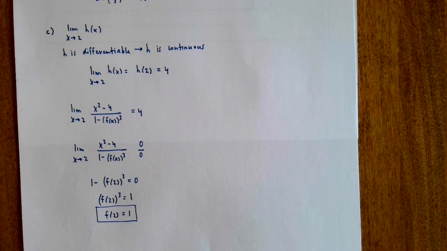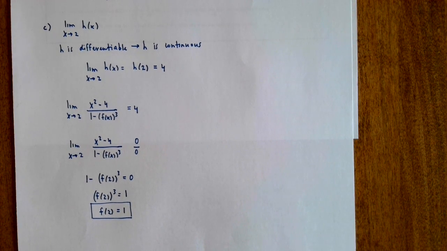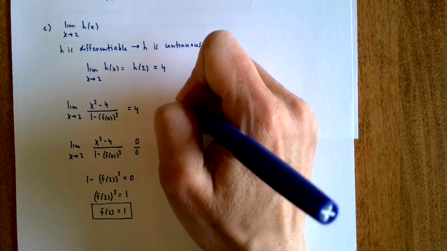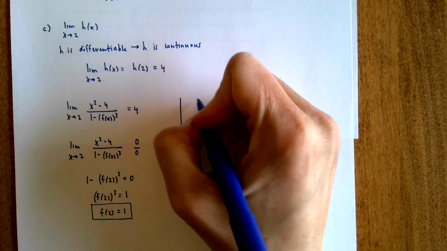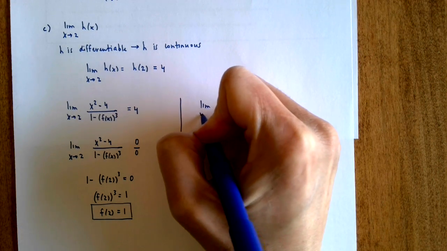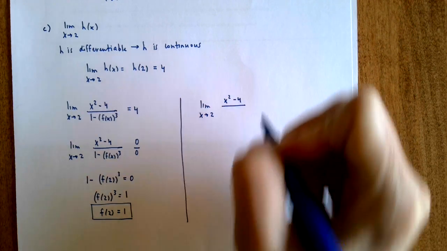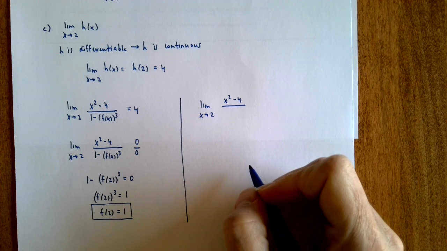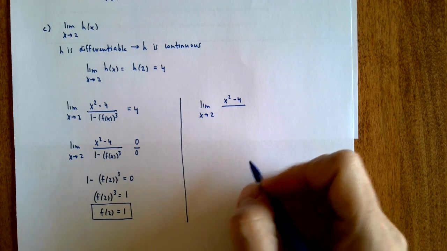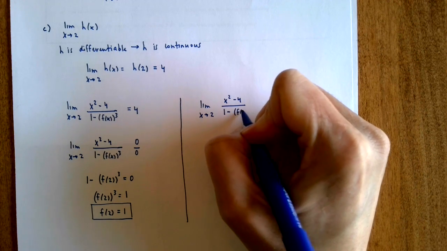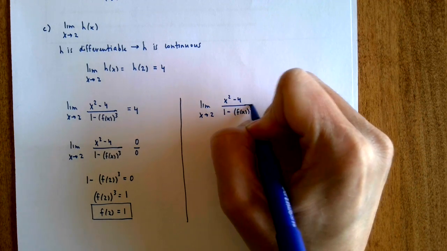All right, so now we have to solve for f prime of 2. That's the last piece here. So here's what we're going to do. In the interest of space here, I'm going to take this limit, x squared minus 4 all over 1 minus f of x cubed.